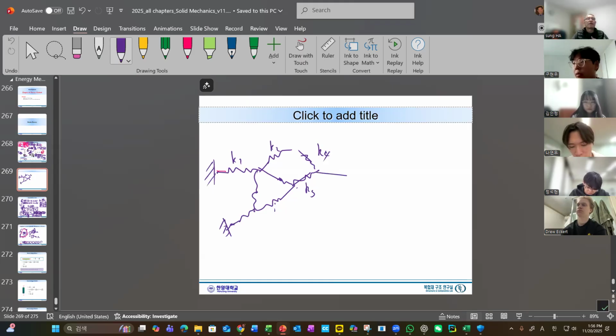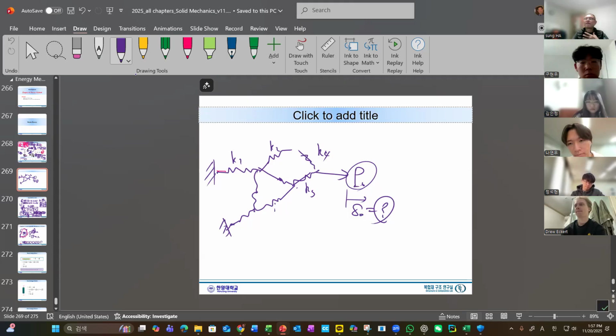Now, we apply the force P, and then how much does it deflect, delta? What would this delta be when we apply the force? It could be very complicated.